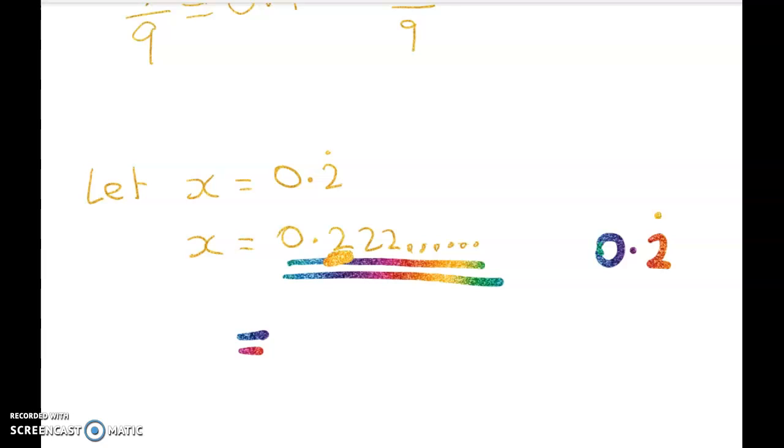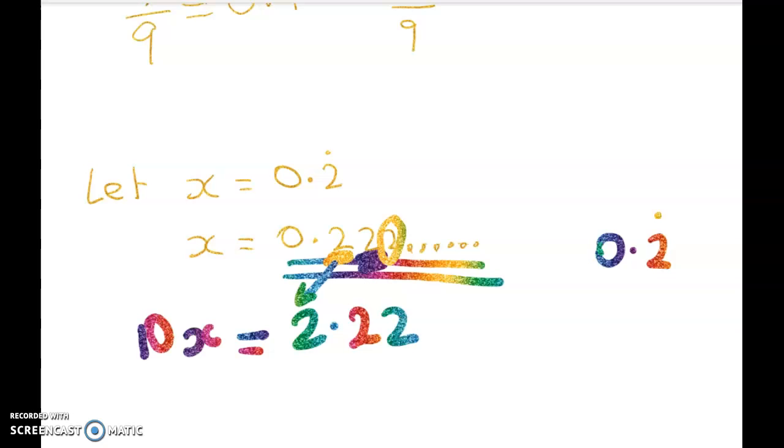So 10 lots of that would be 2 wholes. So that would move to here. The 2/100ths here would be 2/10. And so on. The 2/1000ths would become 2/100ths. That's if I times it by 10, and we write that as 10 lots of x is just 10x.